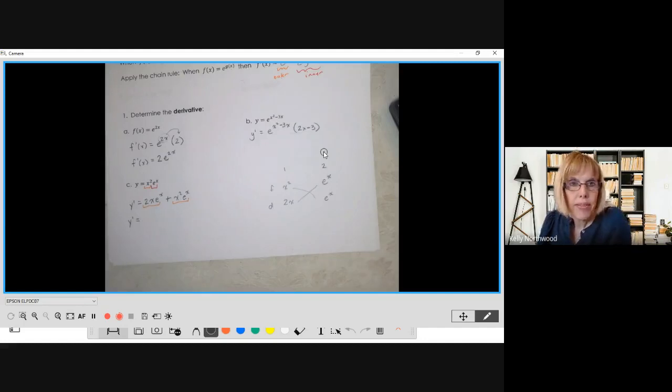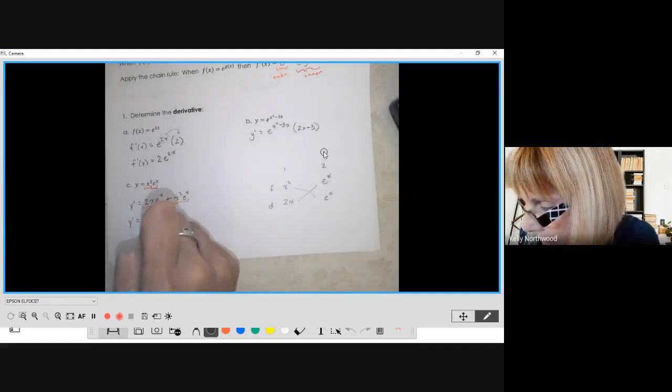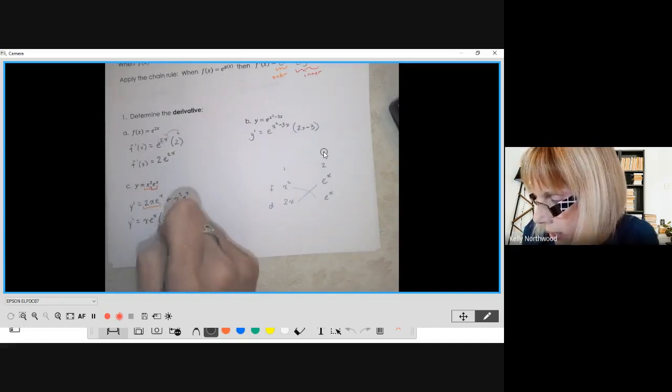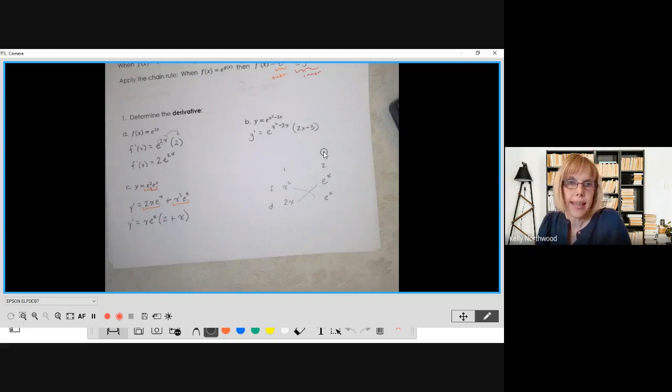So what's the common factor among the scoops? x e to the x. Yes, x e to the x, very good. So if I divide the first scoop by x e to the x, I just get 2 left. And if I divide the second scoop by x e to the x, I just get x left. So y prime is x e to the x times 2 plus x. And there it is in simplified factored form.